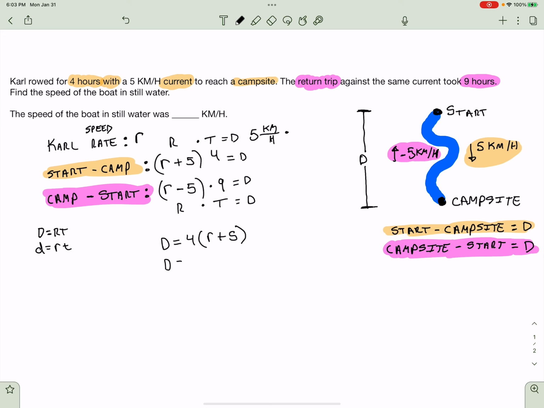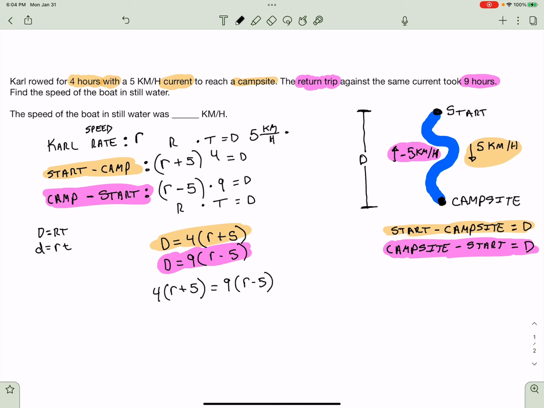And I could say the distance equals 9 times r minus 5. I have one for start to camp, and I have one for camp to start. But those are the same D. So both of these things, 4 times r plus 5, equals 9 times r minus 5.